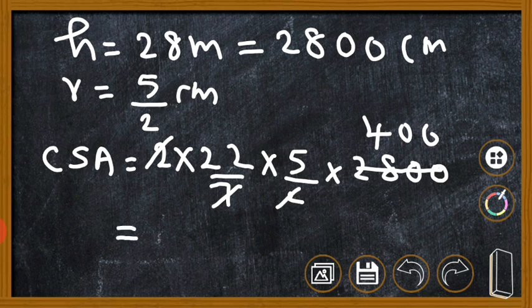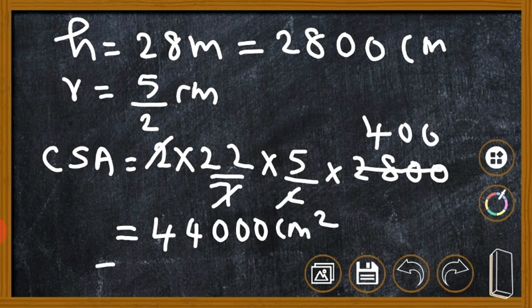So remaining 22 into 5 into 400. So the answer is 44,000 centimeter square. Suppose if you are writing the answer in meter square, you just divide by 10,000. So what is the answer? 4.4 meter square. Okay.